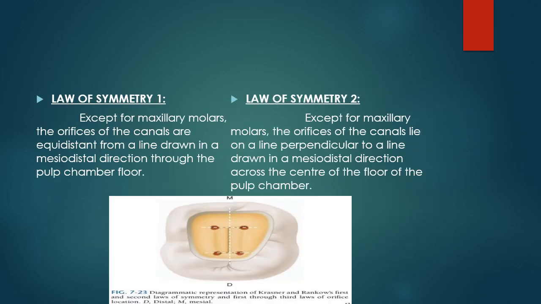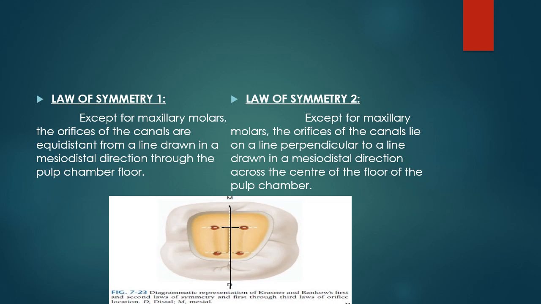Coming to the law of symmetry, laws of symmetry 1 and 2 don't apply for the maxillary molars. Symmetry 1 says that if we draw a line in a mesiodistal direction, the canal orifices are equidistant from the mesiodistal line.